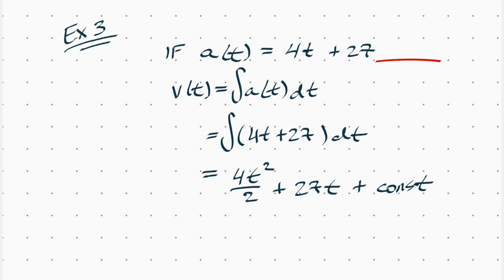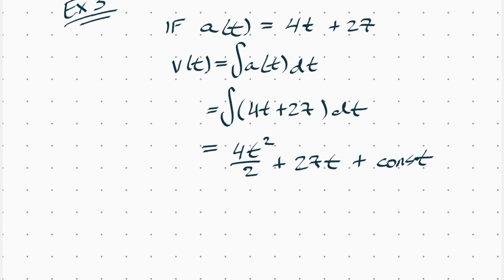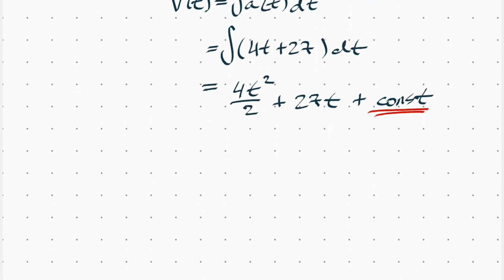So you always lose information. When you go from x versus t to v versus t, you're going to lose some information. When you go from v versus t to a versus t, you're going to lose some information. So we're accounting for what might have been lost, and that's what that constant is. So v of t then is equal to 2t squared plus 27t plus a constant.